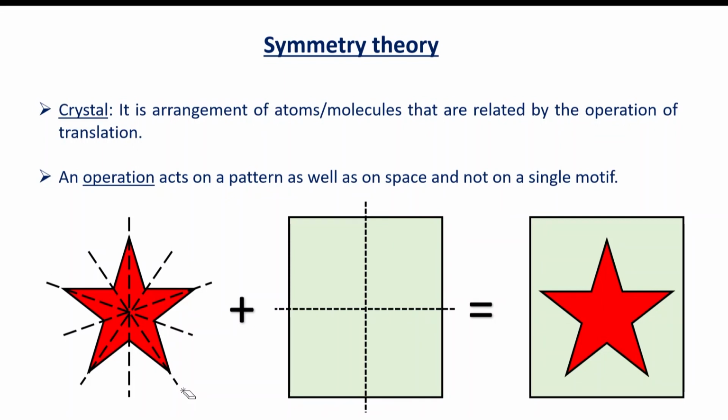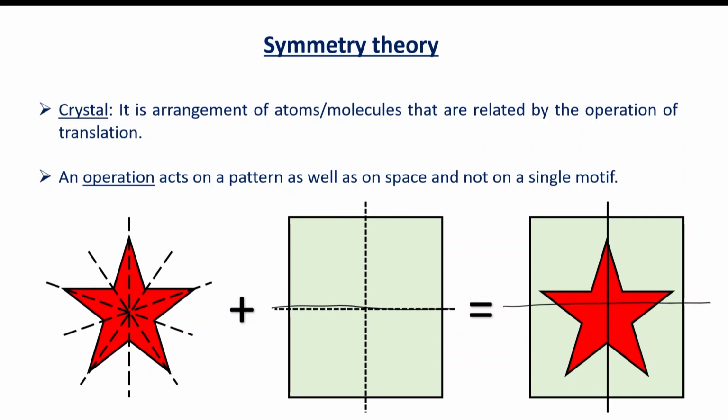So, in space, how many of these mirror planes are now applicable to this final combined star and rectangle? You can say only one, because you can't have this mirror plane which is applicable to the rectangle. Why? Because it won't reflect the star back to congruence with itself.